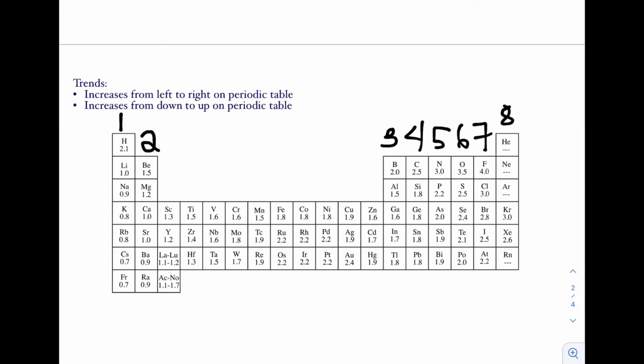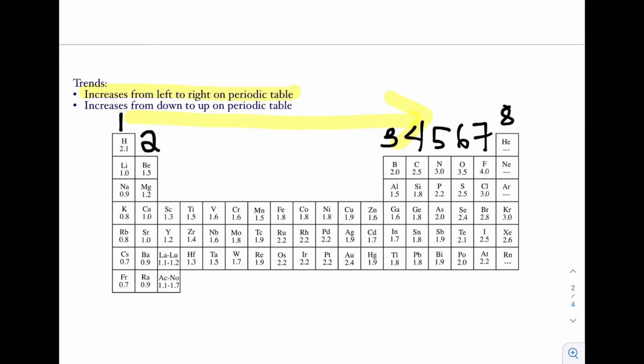So as you move from left to right on the periodic table, you will increase in electronegativity, because the atoms on the right, with 7 especially, will really want to fill that octet shell because they only have 1 electron left. So they'll really be very electronegative.